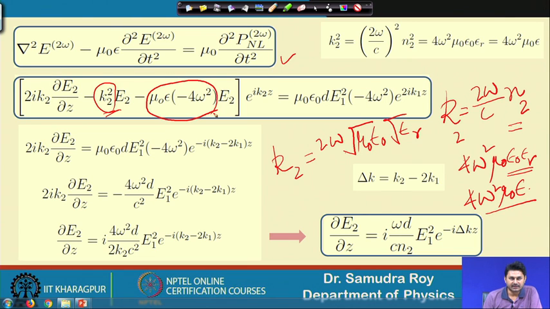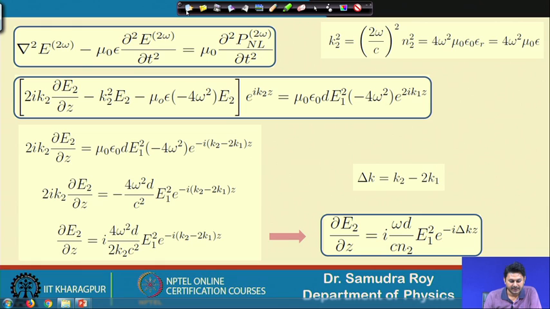So, k square is eventually mu 0 epsilon multiplied by 4 omega square, which is shown here in the corner. So, if I use the value of k and put that, since this is a negative sign and this is a positive sign and all other terms are the same, these two terms will cancel out, which simplifies the equation very nicely.